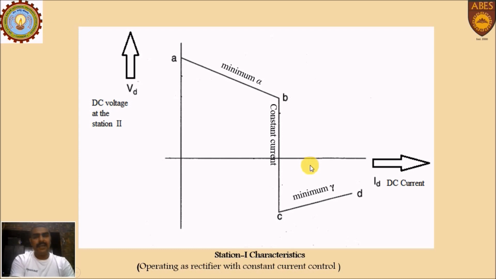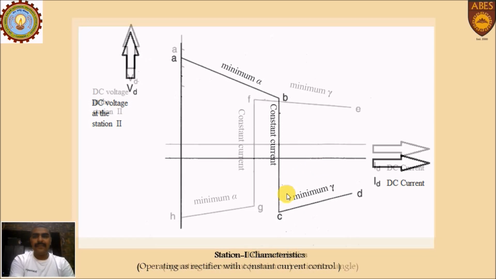Now these characteristics are drawn individually for each station. This is for station 1. This station is operating as rectifier with constant current control. AB is for the minimum alpha, then the BC line is for the constant current, and the CD line is for the minimum extinction angle.